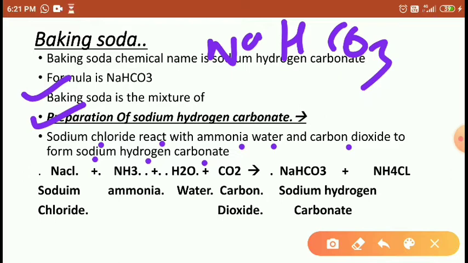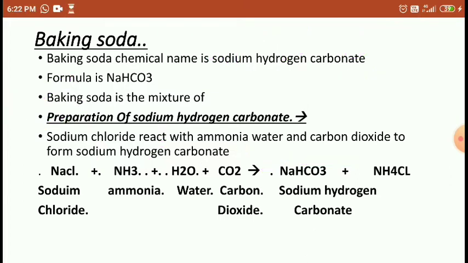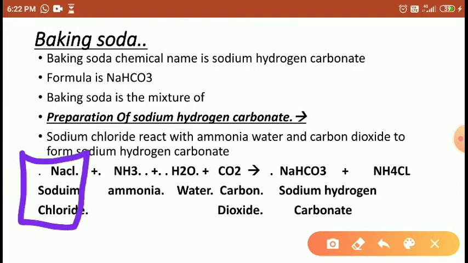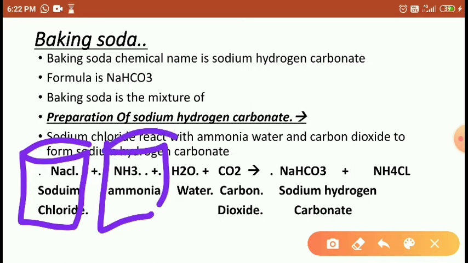So when we use sodium chloride, water, carbon dioxide and ammonia and mix all those things, it prepares sodium hydrogen carbonate and NH4Cl, that is ammonium chloride. Right students?